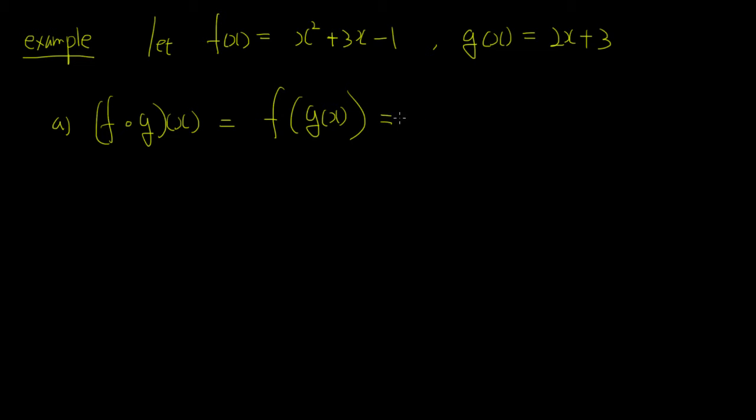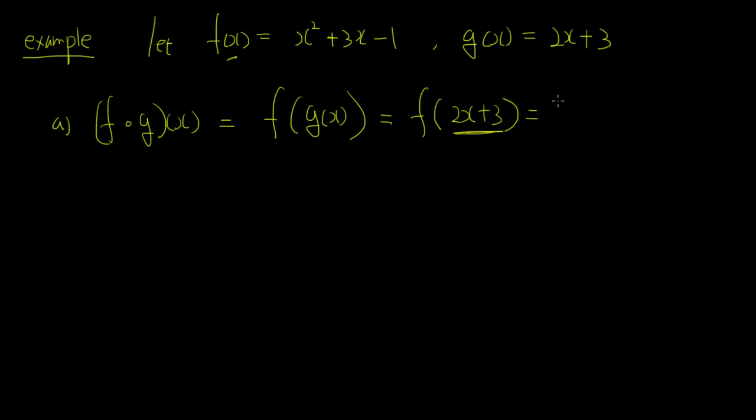So f of g of x is what? 2x plus 3. So what is that supposed to mean? Instead of writing x, we're going to write this whole thing.